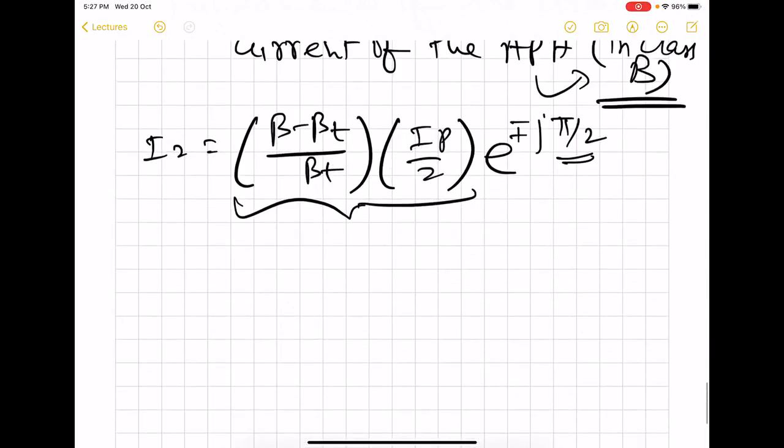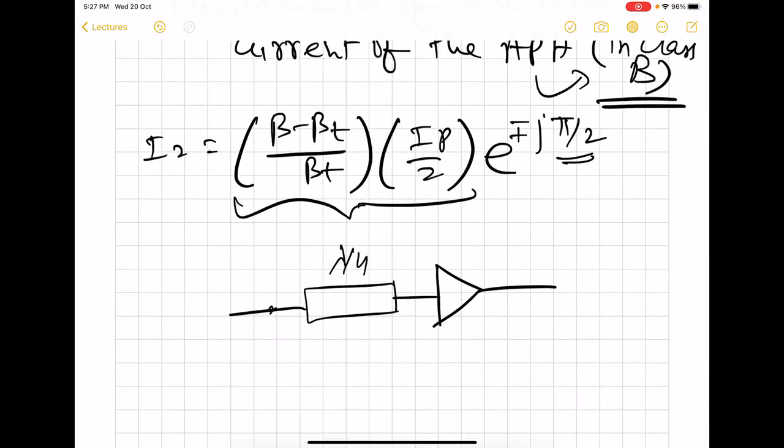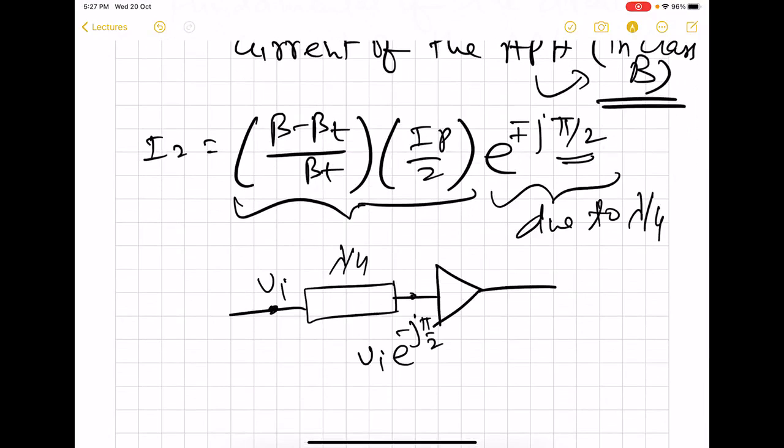So whatever is the voltage or current here, at this side we will have VI e raised to minus j pi by 2. This additional phase shift is due to the lambda by 4 line, this line.